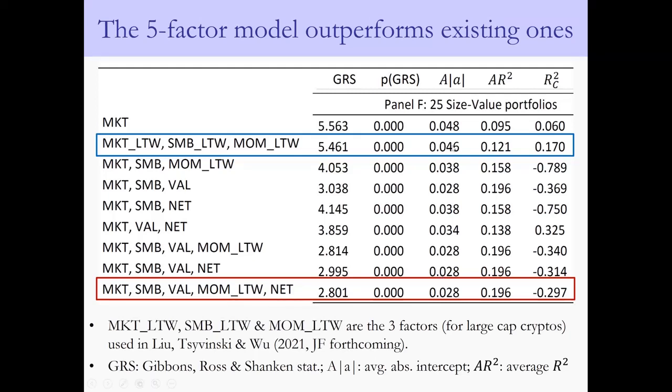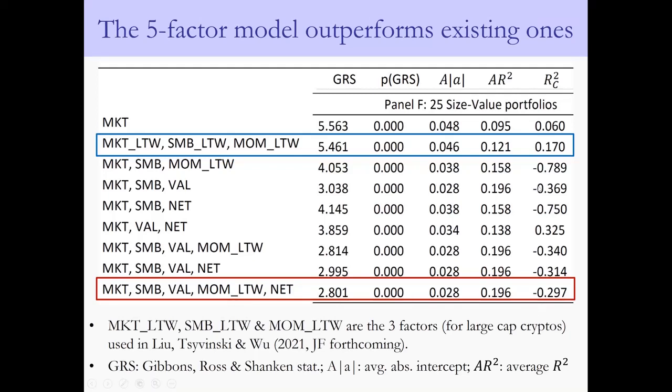For instance, the average absolute alpha is reduced to 2.8% per week. And the average R squares is actually much higher, as well as a much smaller GRS stat.